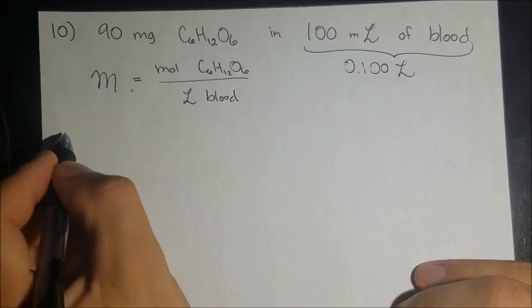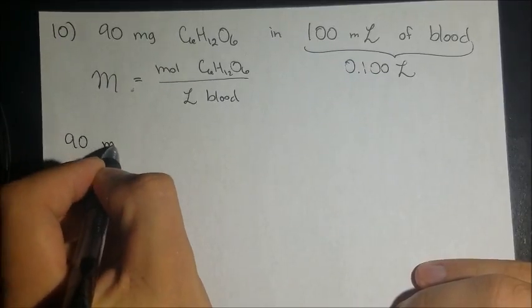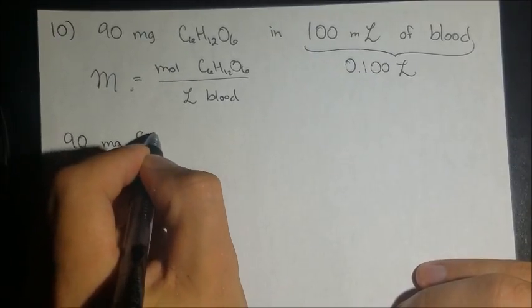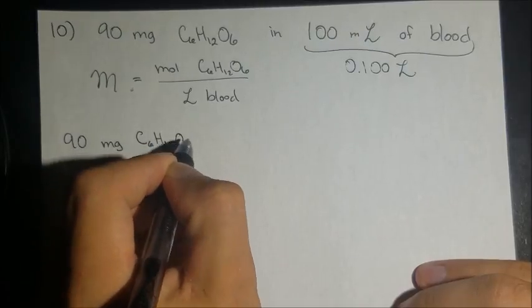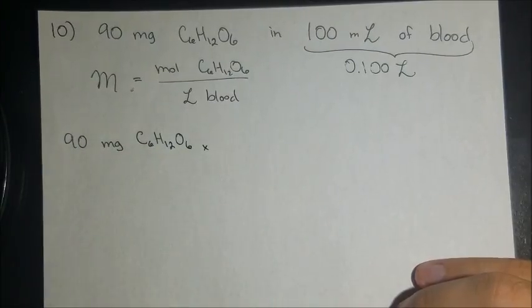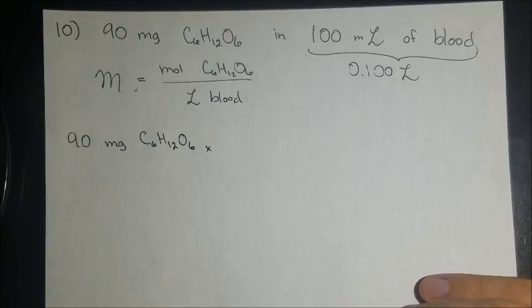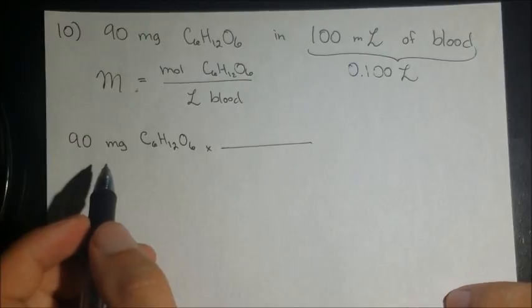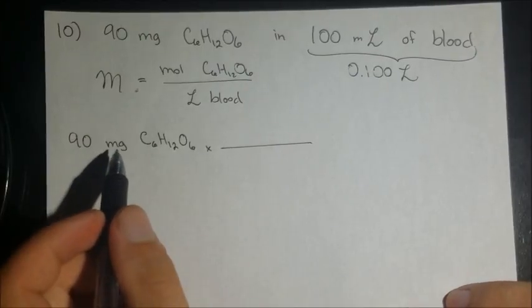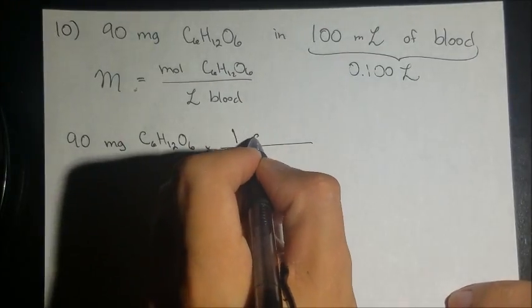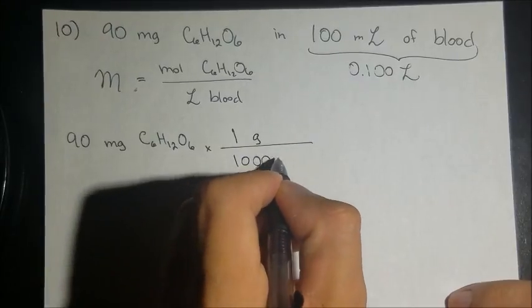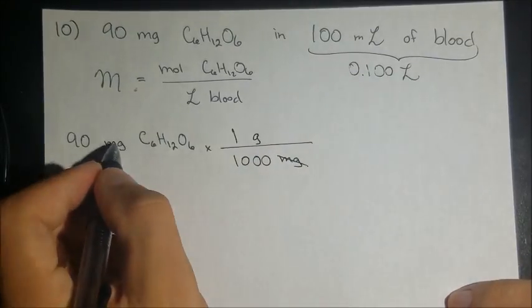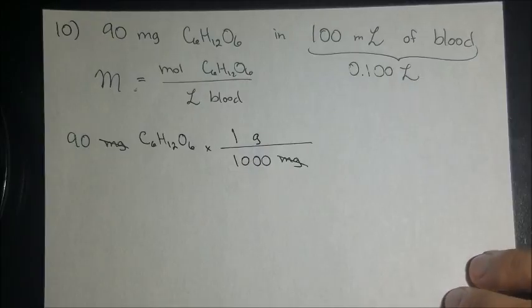So let me start off by saying that 90 milligrams of glucose we can convert into grams, because then we can use the molar mass of glucose to get us into moles. I'm just sort of foreshadowing what I'm going to do here, showing why I'm doing this. So I'm going to convert this into grams. So milligrams cancel, and I'm now in grams of glucose.